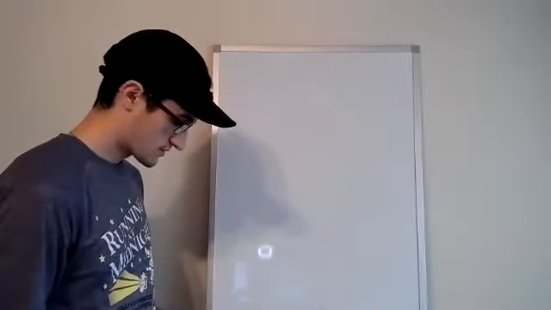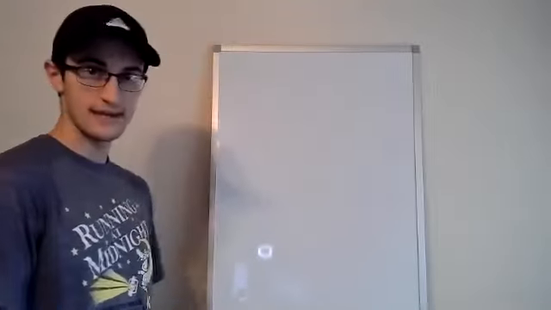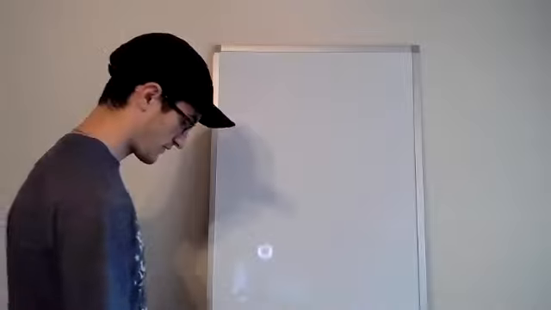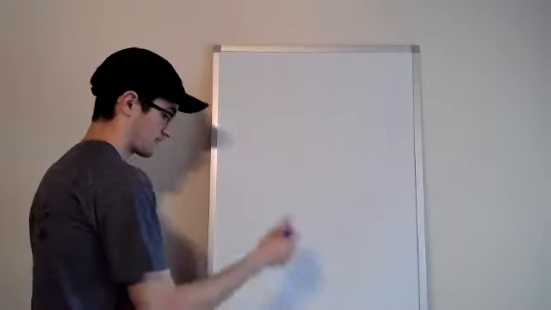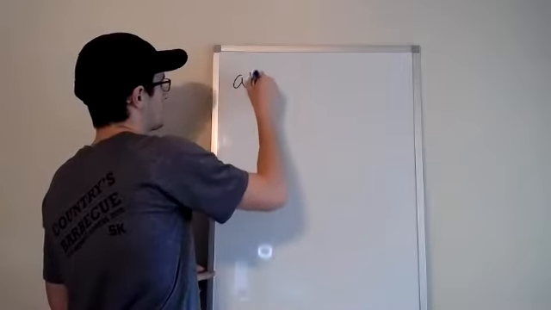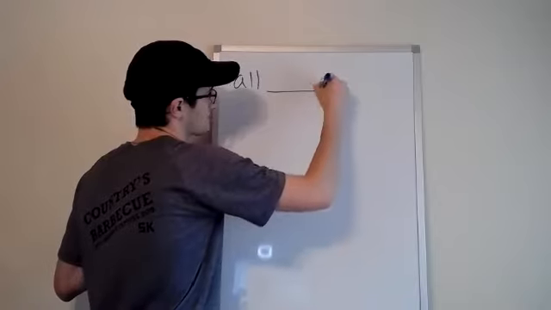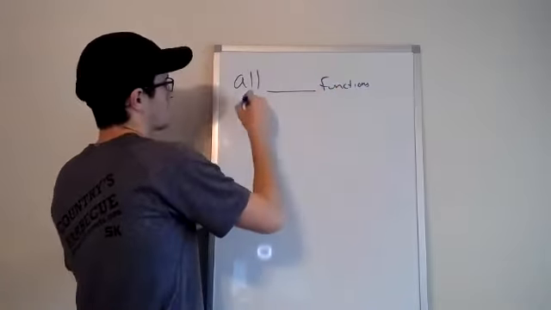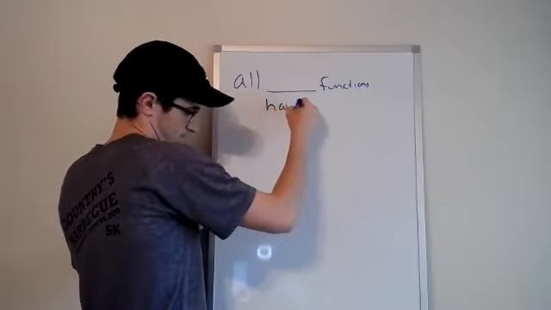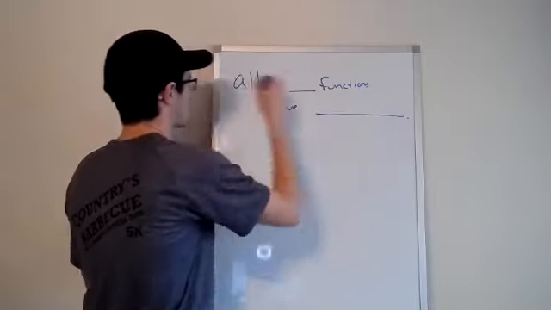All right. So right here, this is big. This is the key, the biggest point of all this that I want you to get out of this first and second difference stuff. It says: all blank functions have blank. That's the first one.